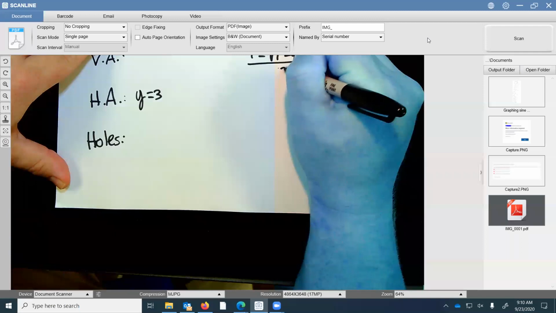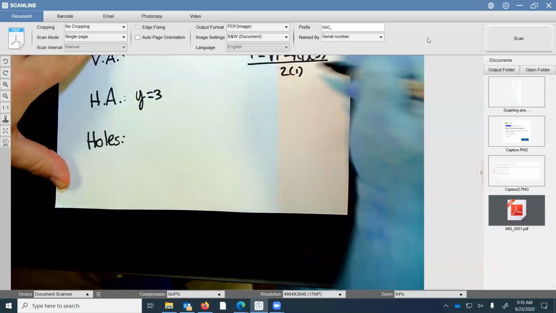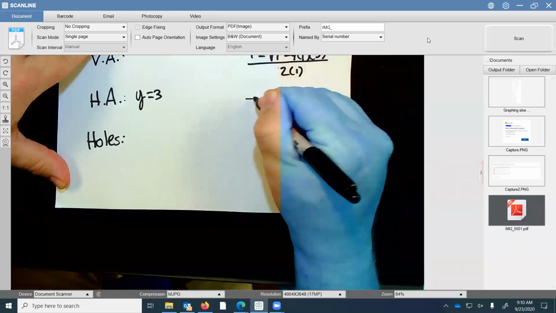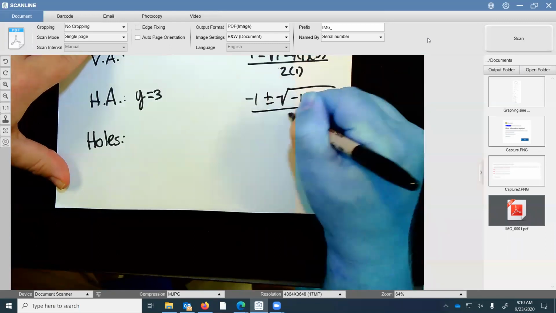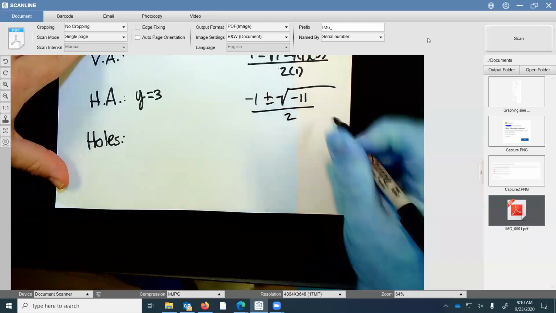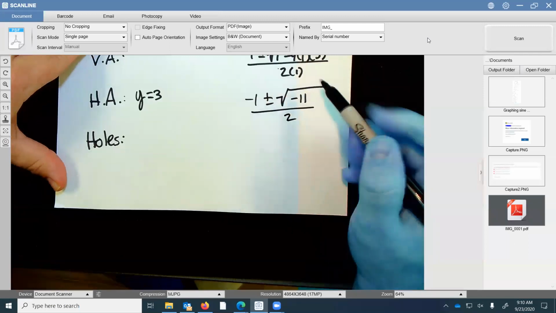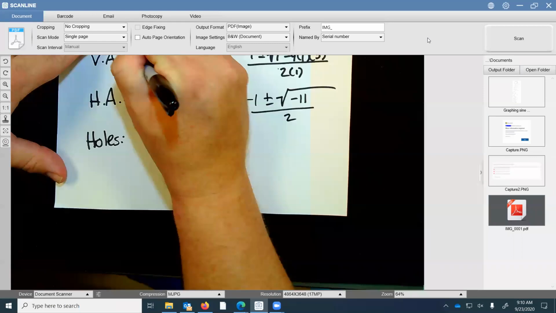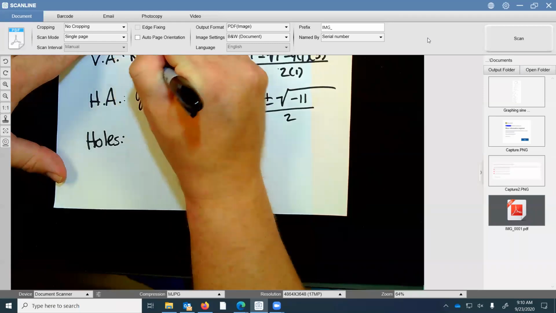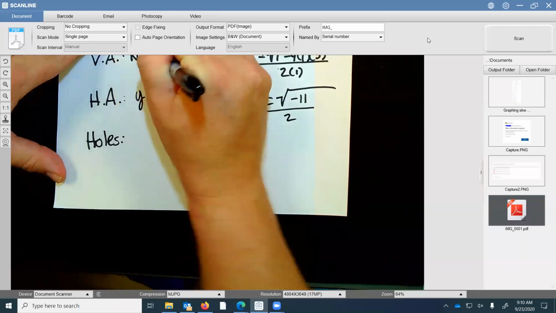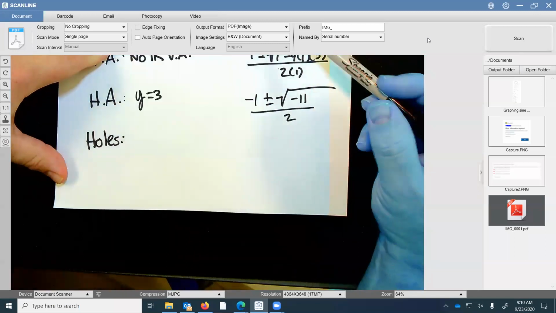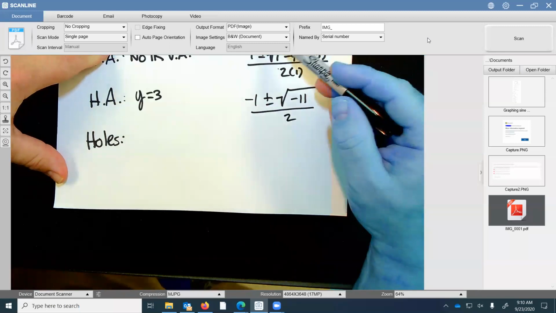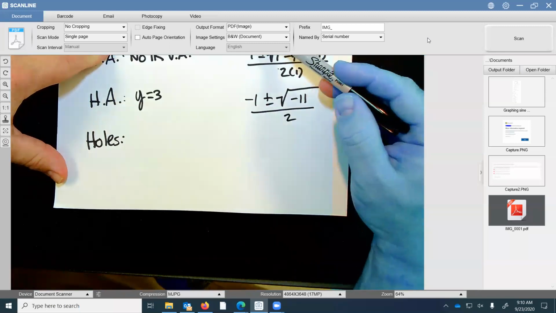Negative 1 plus or minus the square root of 1 minus 12, which is negative 11. So we find that the zeros are imaginary. So this has no real vertical asymptotes. And if you can't factor this, you can't cancel anything out. So there's also no holes.